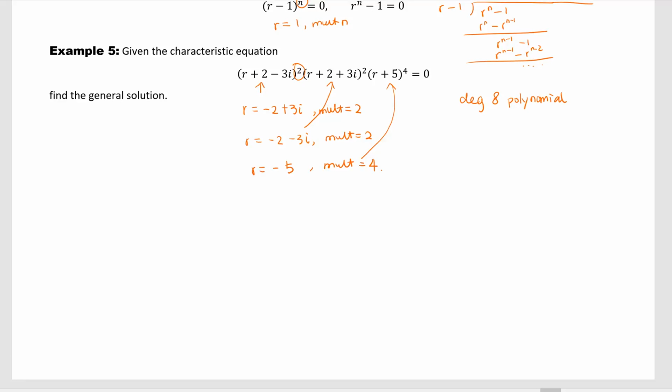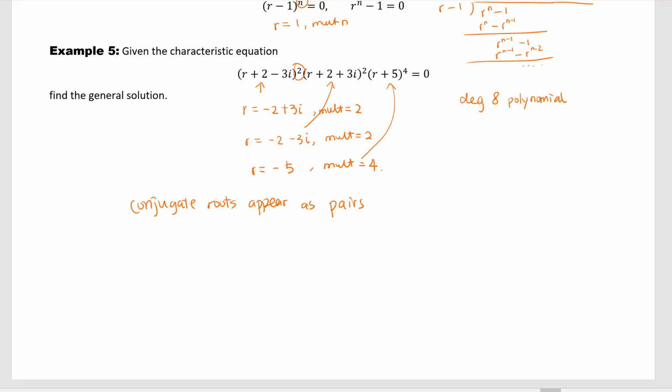So how do we set up the general solution? First of all, you know the conjugate roots always appear as pairs. So if you see there's a root minus 2 plus 3i, then there must be another root minus 2 minus 3i. They always appear as complex conjugates.